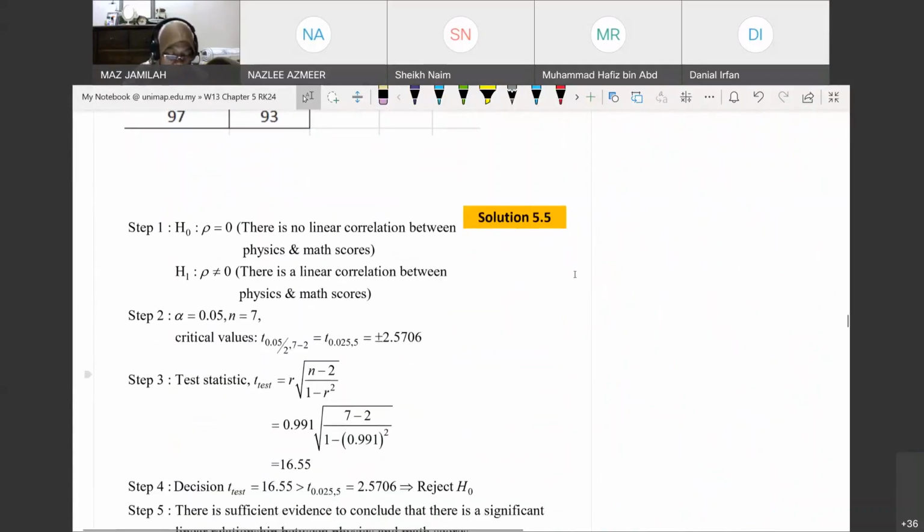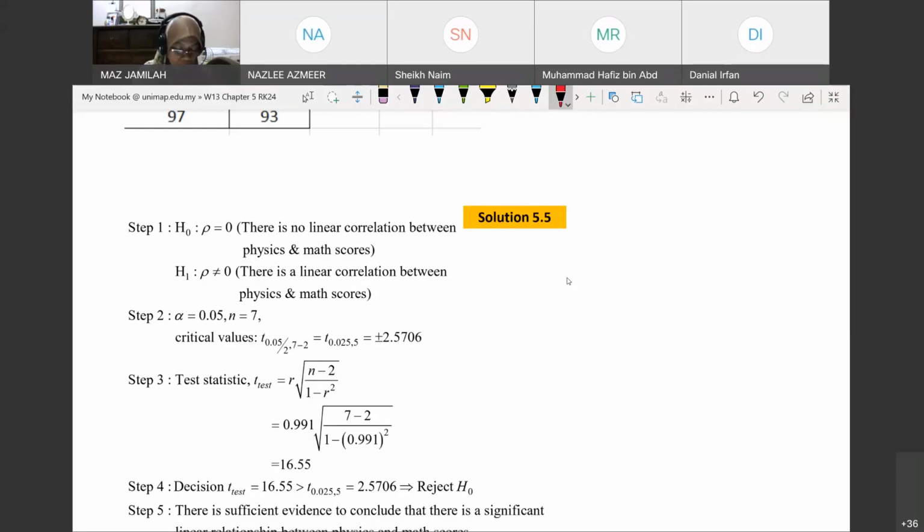Look at the step by step, the same exact steps involved in hypothesis testing for the sample correlation coefficient. The first step is to note down your hypothesis statement. Your null is rho equal to 0, or you can write there is no linear correlation between physics and math score. And the alternative, there is a linear correlation between physics and mathematics score.